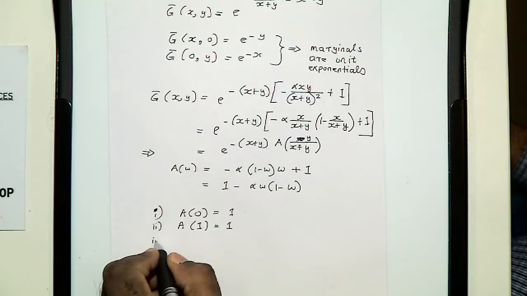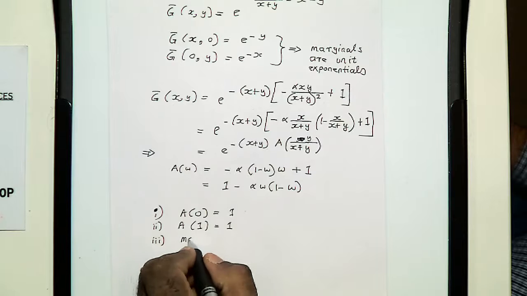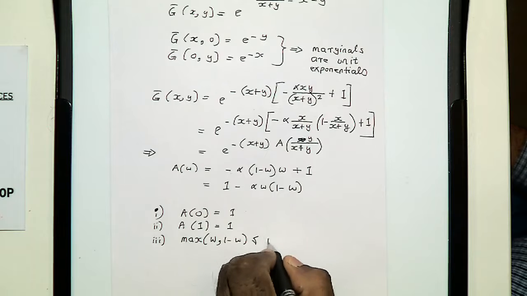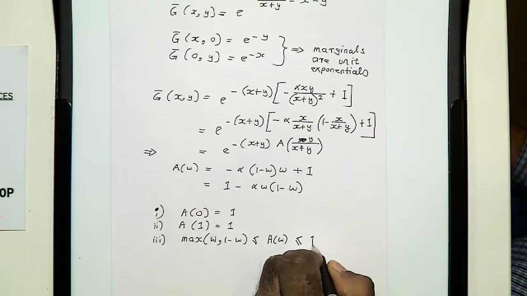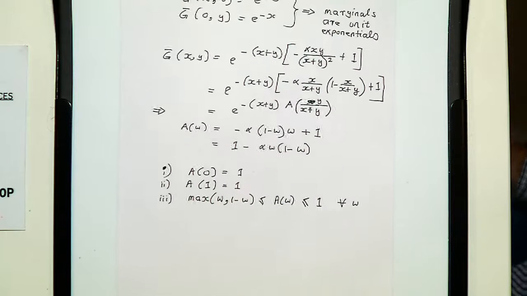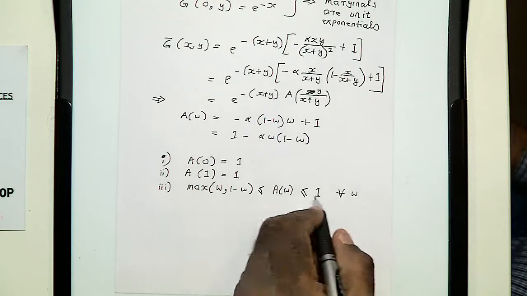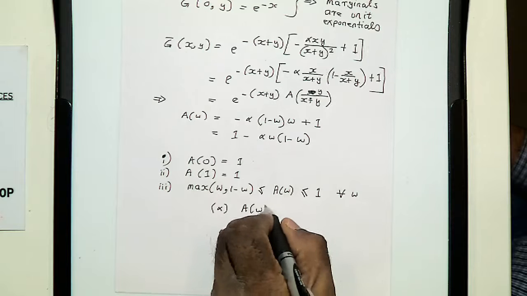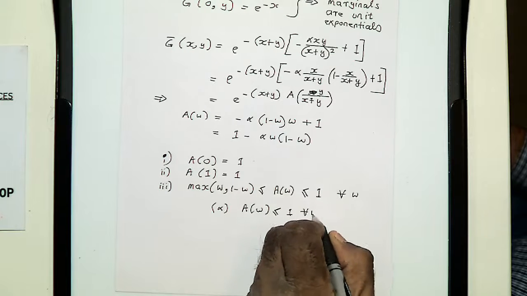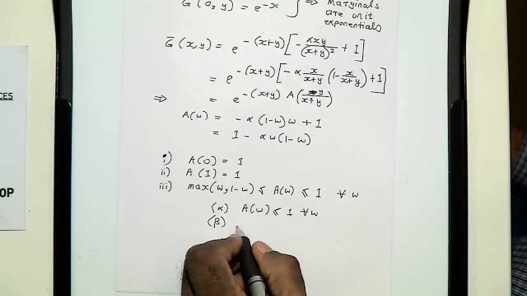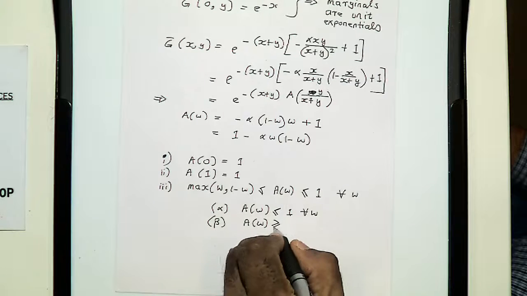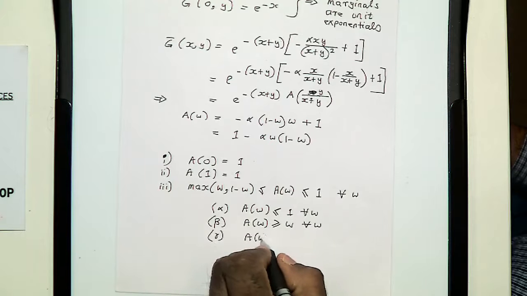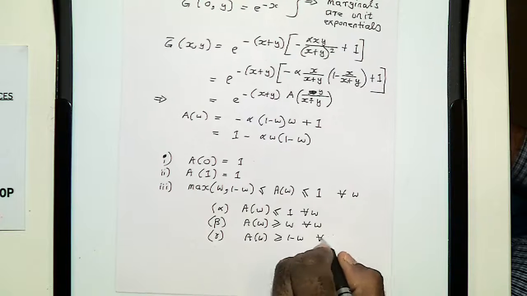Number 3, you can check in 3 parts: first, A of omega is less than or equal to 1 for all omega; second, A of omega is greater than or equal to omega for all omega; third, A of omega is greater than or equal to 1 minus omega for all omega.